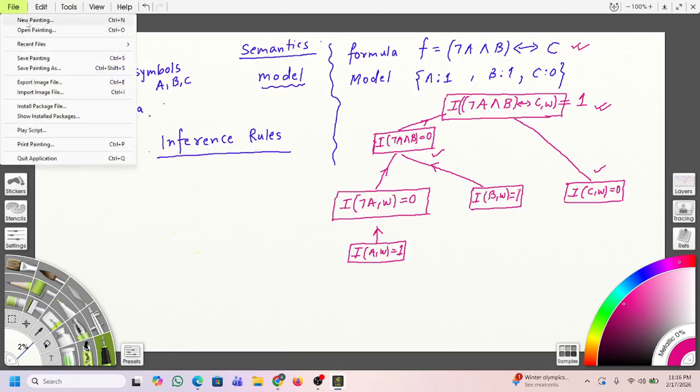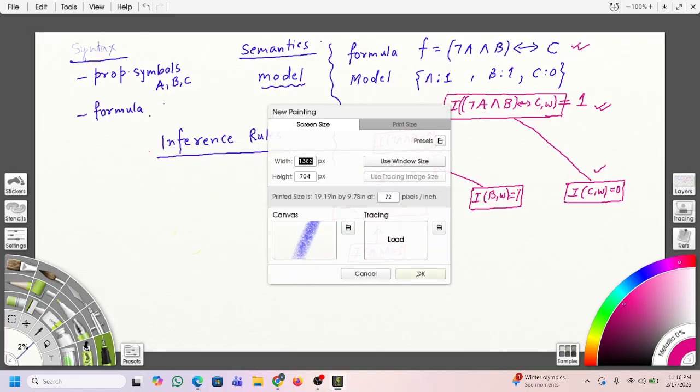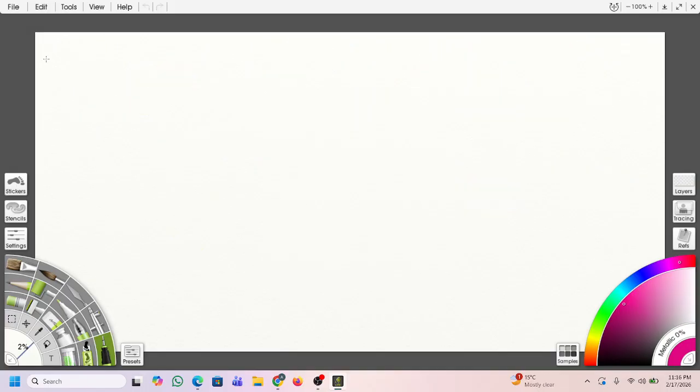Now let us proceed with another case, where we will see what models are. The formulas that we have represent a set of models.